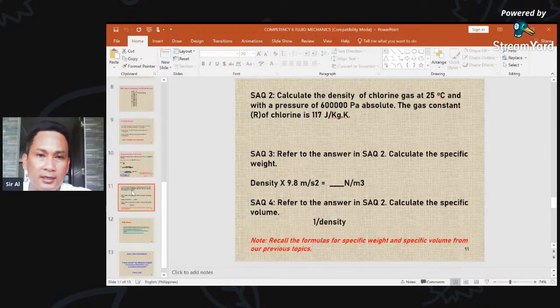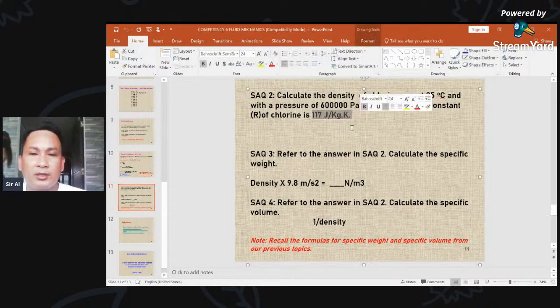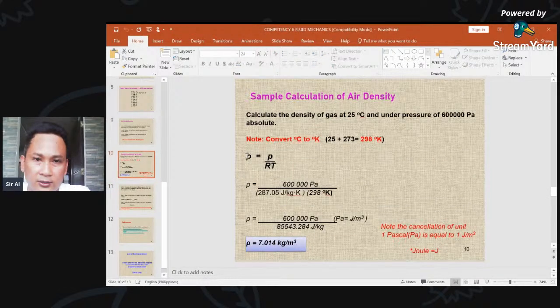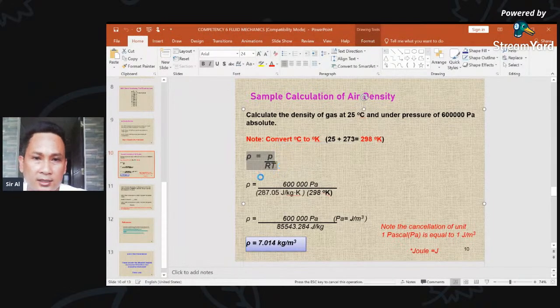Alright. So, let's have this SAQ2. Many got confused here. Calculate the density of chlorine gas at 25 degrees Celsius and with a pressure of 600,000 Pascal absolute. The gas constant of chlorine is given here, which is 117 joule per kilogram Kelvin. This means the R that we will use is not the gas constant of dry air in the formula.